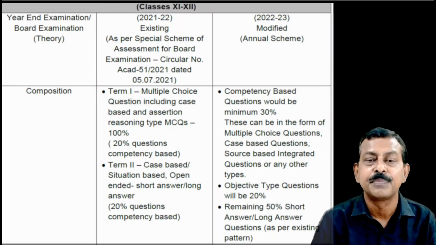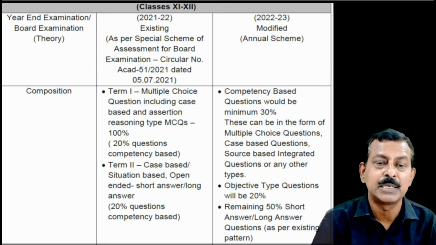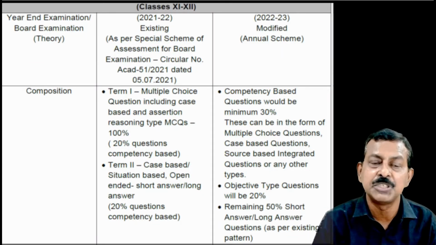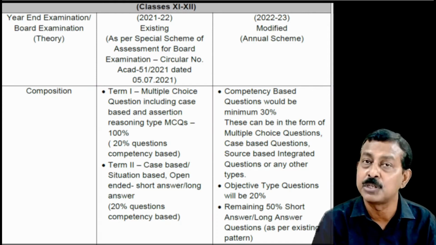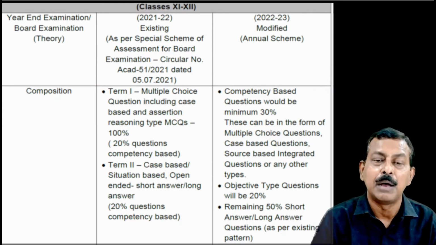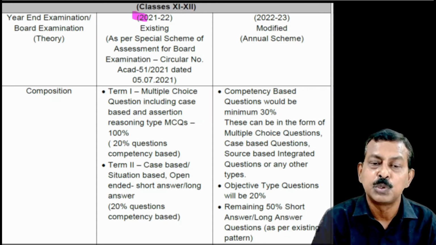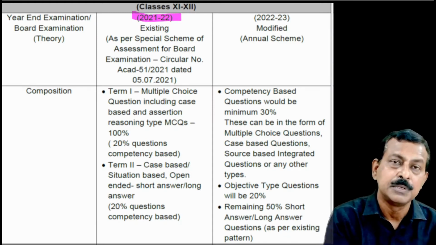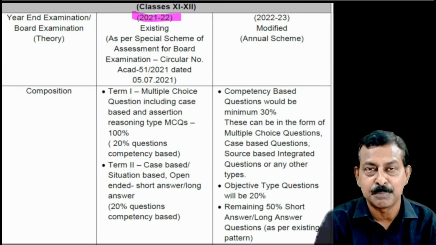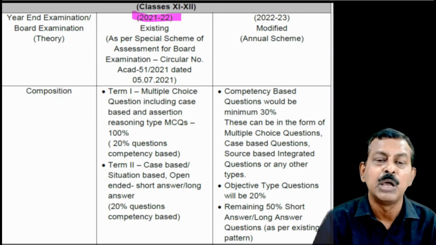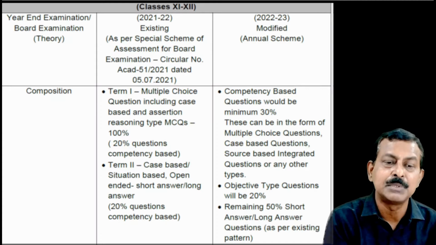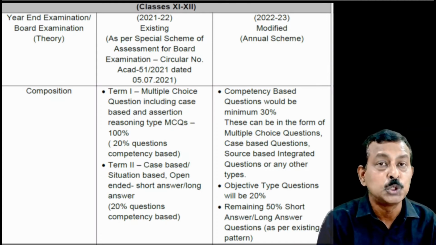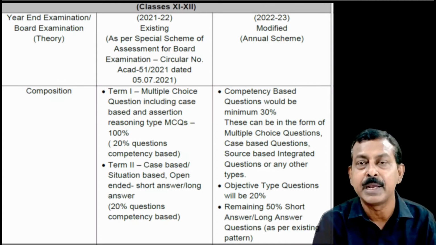So here, the first major part is the year-end examination or the board examination for the theory paper. This is for 2021-22, that is this particular batch which is appearing in the board examination. For them, they have the examination of 2 terms, term 1 and term 2.